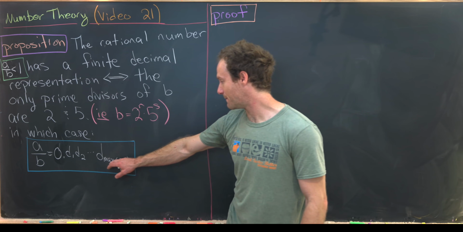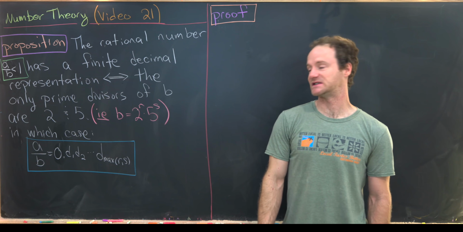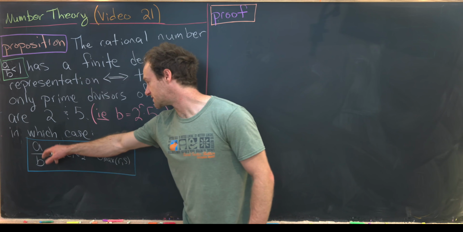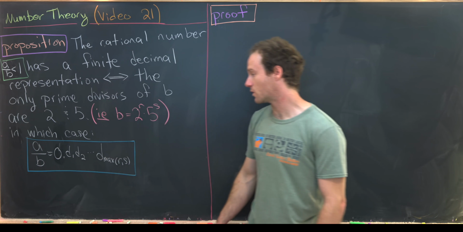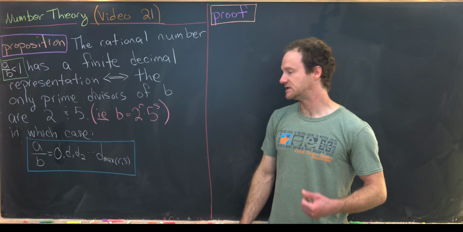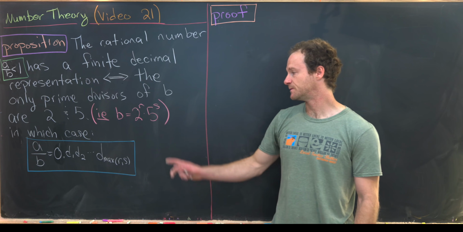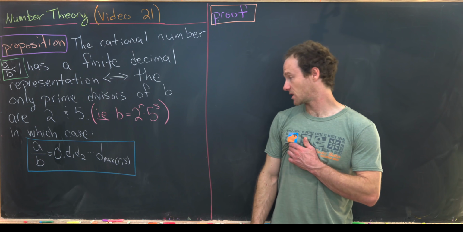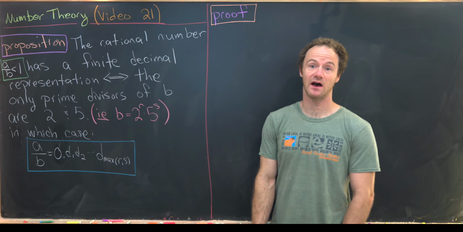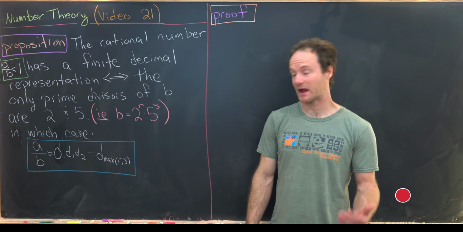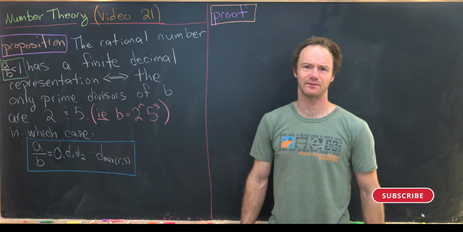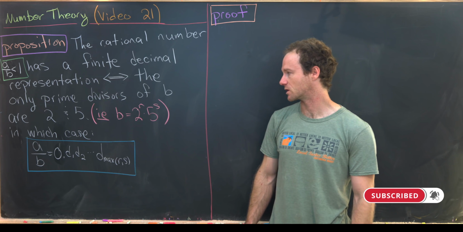And it has the maximum of r and s decimal places. So in other words, a over b is equal to 0.d1, d2, d3, all the way up to d max(r,s), where these d_i come from the set of numbers between 0 and 9. Obviously, this last one can't be 0 because then we would cut off too early.